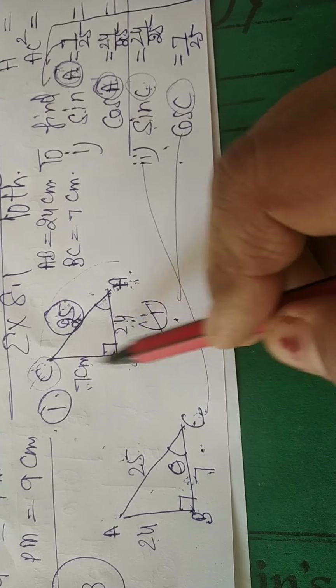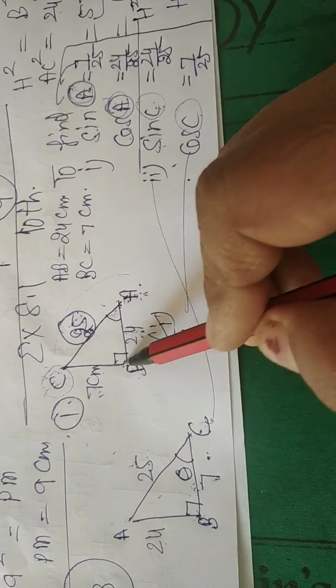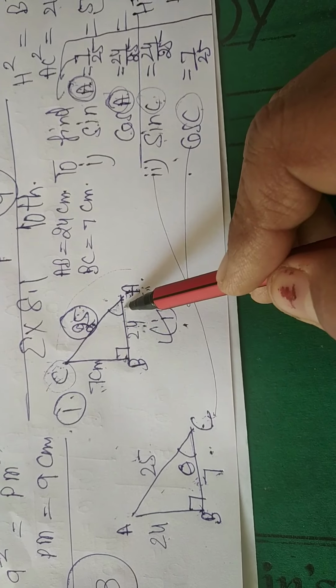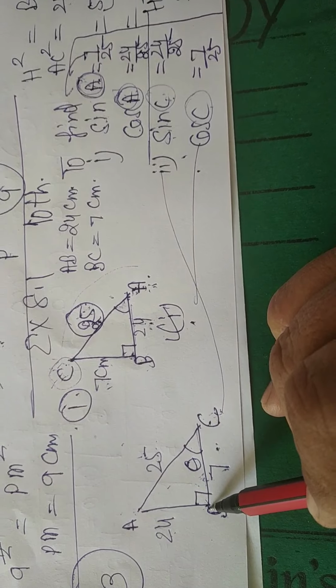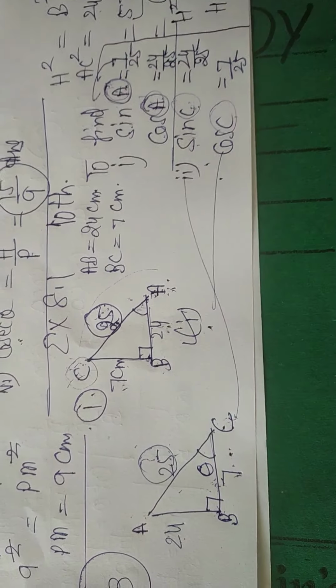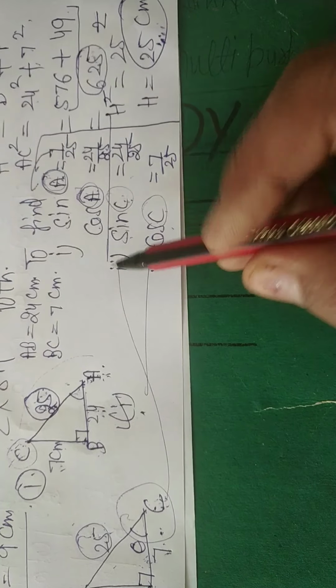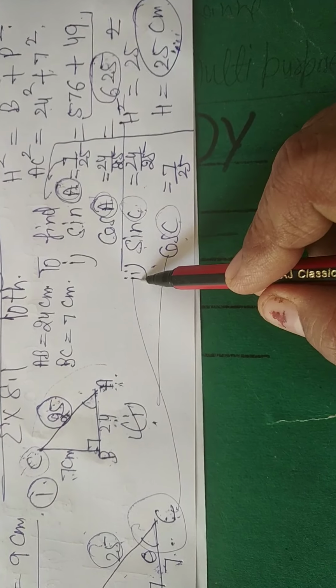BC is 7, so perpendicular will become base and base will become perpendicular. Again, this is 25, which we already found from the Pythagoras theorem. So now I can find out sine C and cos C, which is the second part of question 1.